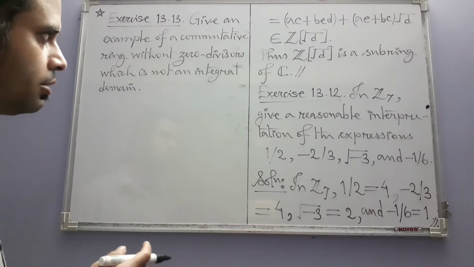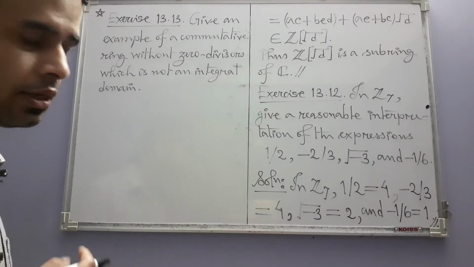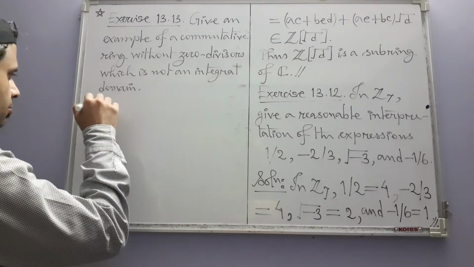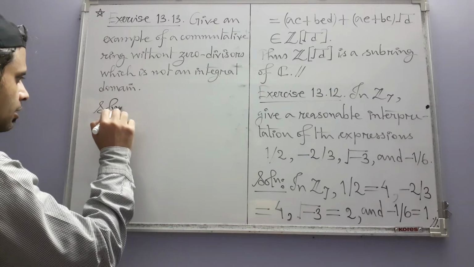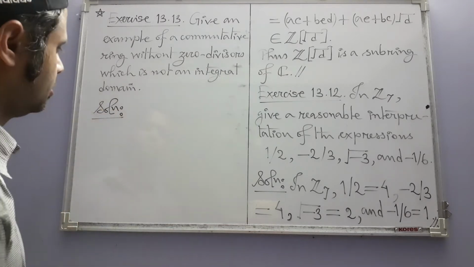So that means the only thing that should be violated is that the ring does not have a unit element. And one of the easiest examples of such a ring is the ring of even integers.